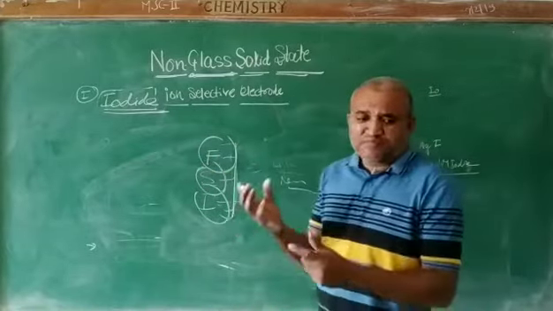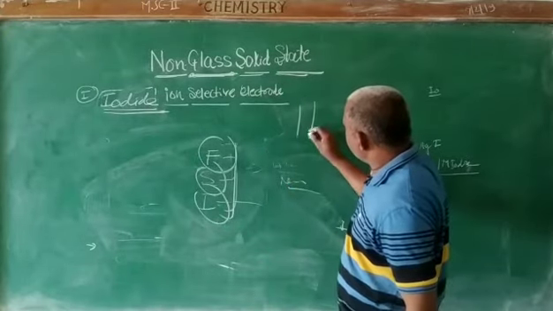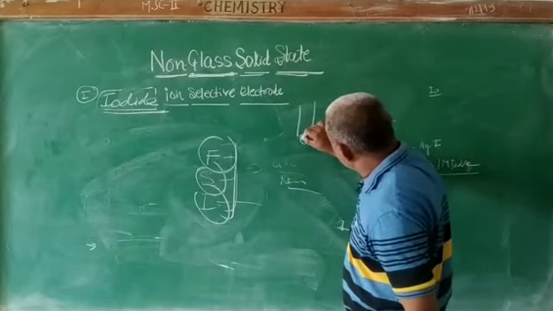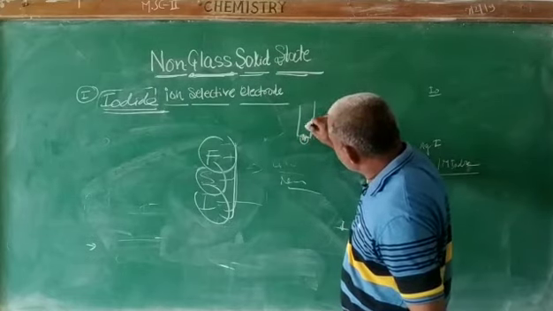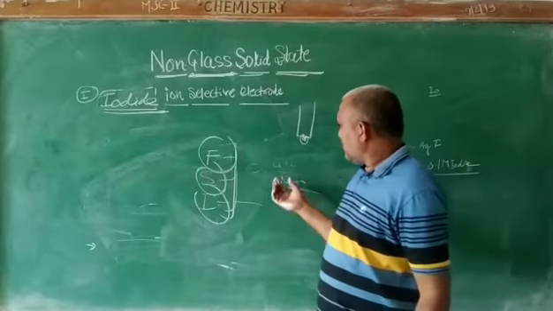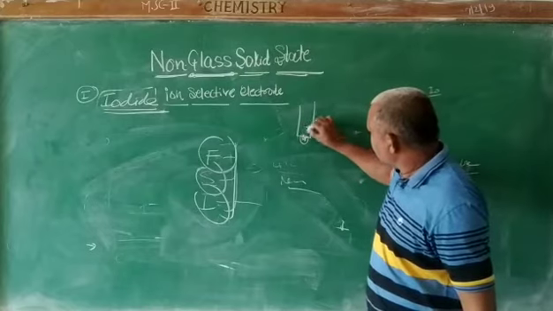At the bottom of the electrode, we take a plastic tube. At the bottom of the plastic tube, we put the crystals along with polymer. And here is the internal solution.